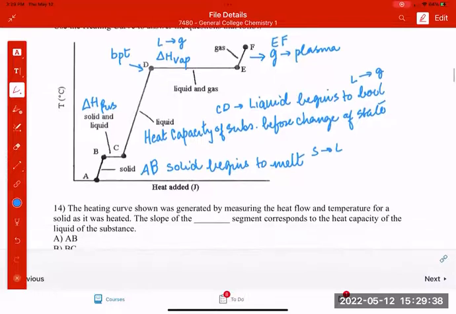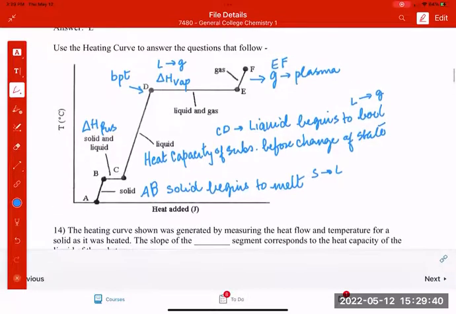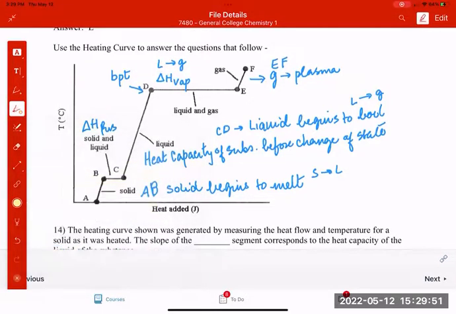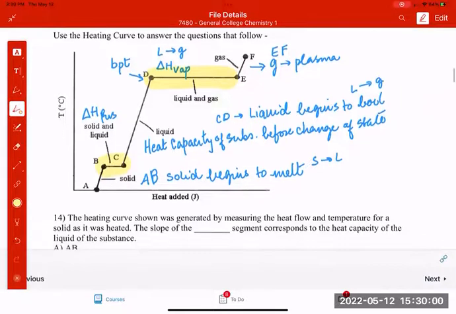Then you need to know the heating and the cooling curve. So you need to know that these are the heat of vaporization, and this is the heat of fusion, where the liquid and the gas coexist, and in the heat of fusion, the solid and the liquid coexist.